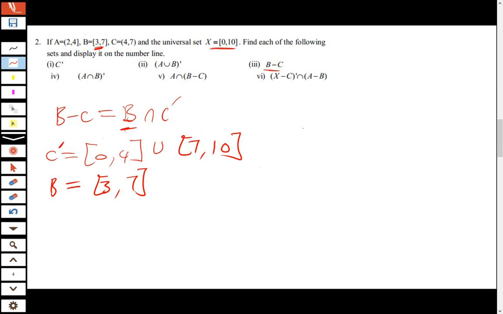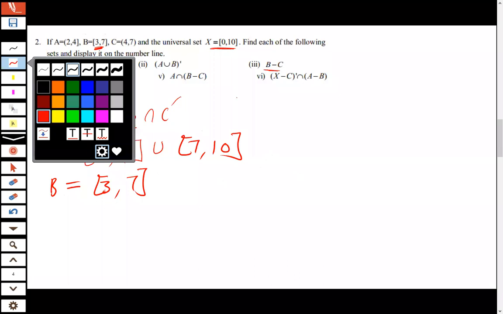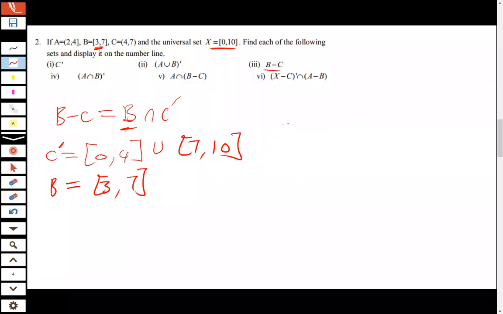How do we find that intersection? I told you that the simplest way to find the intersection is by drawing a number line. Then you put in the numbers: 0, 3, 4, 7, 10. Let us start first by drawing C complement.